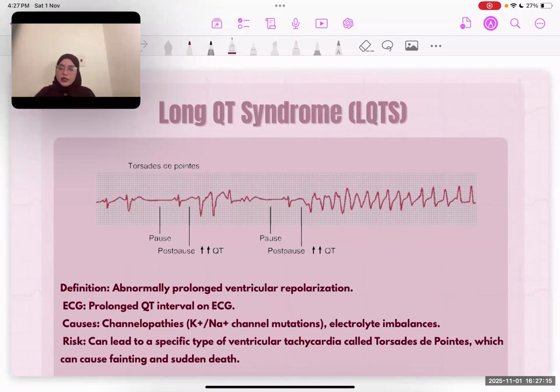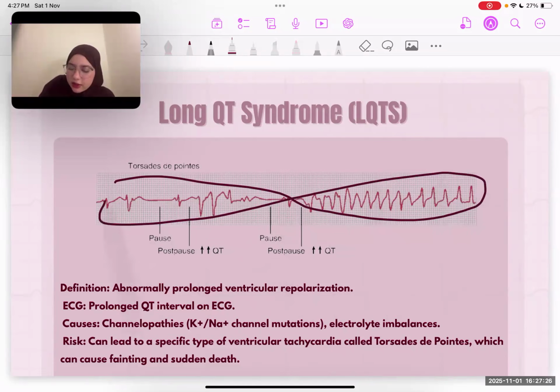And this can lead to a specific type of ventricular tachycardia called Torsades de Pointes, which can cause fainting and sudden death. This is the one where you saw the image where it goes like this, if you've seen that image. It's an image of tachycardia which goes like this. That is your Torsades de Pointes, I guess.